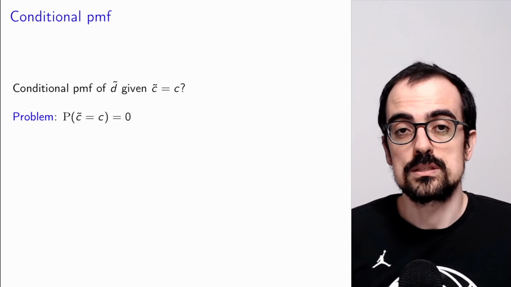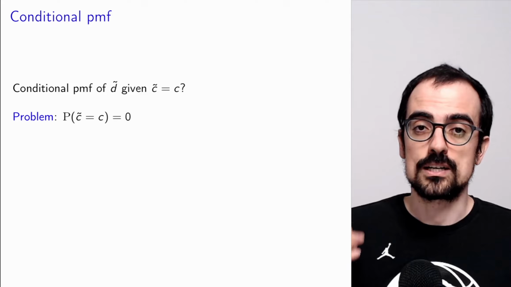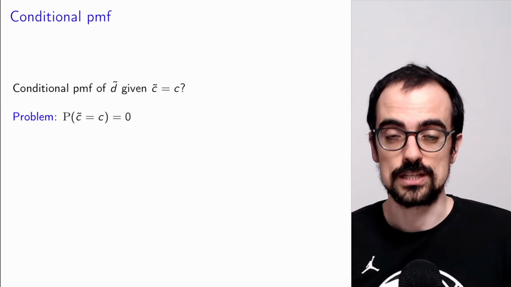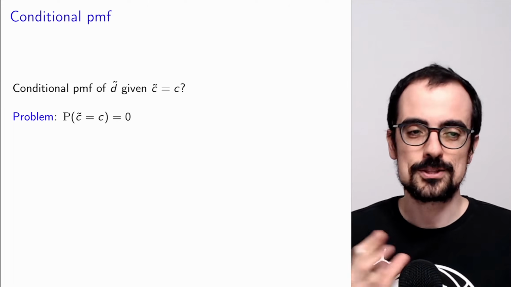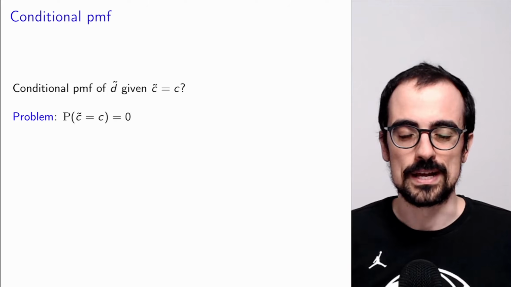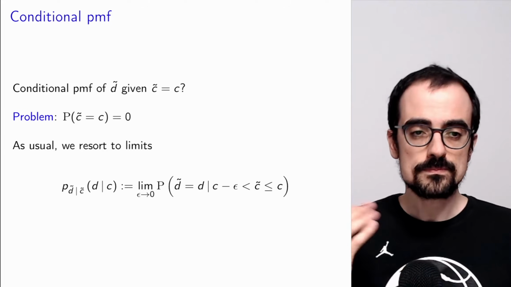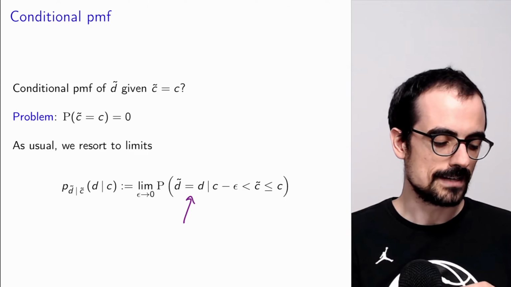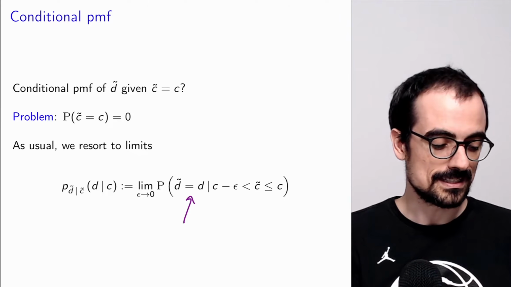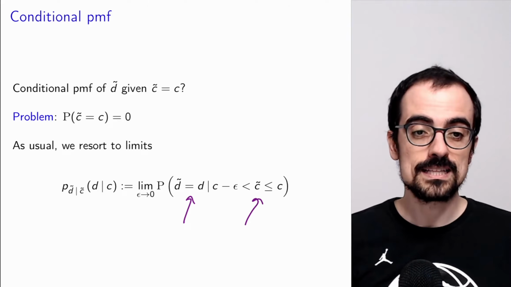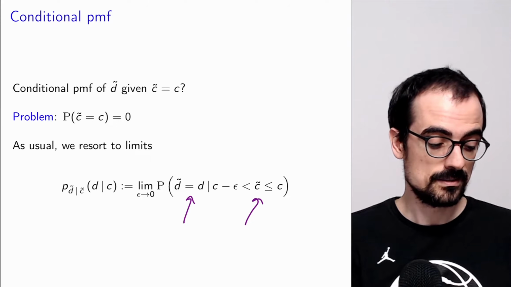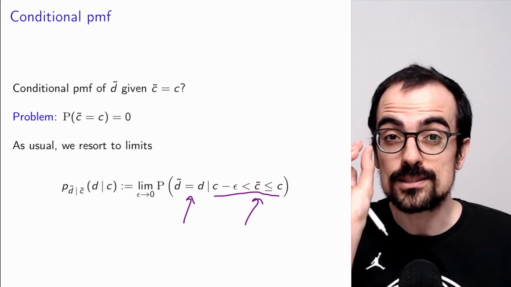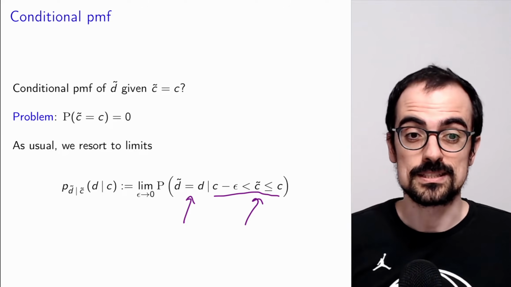We already encountered this problem when we defined the conditional PDF of a continuous random variable given another continuous random variable. And we're going to address the issue in a very similar way. What we're going to say is, okay, the conditional probability of D being equal to a certain value, given that C is exactly equal to another value, is not well defined, but we can define the conditional probability given that C is in a small interval close to the value that we're interested in.